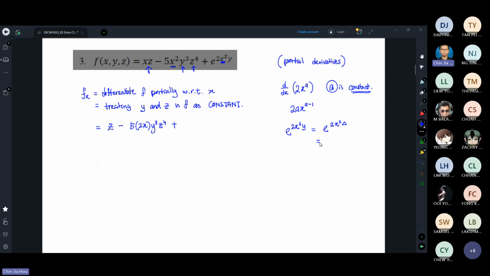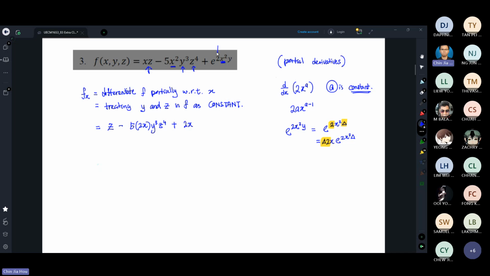So we will get 2x e to the 2x squared triangle, and then the triangle also needs to be brought down. I missed that part. In this case, the 2 and the triangle, they are both constants, a number. That's why we treat them as numbers and we bring them down. So in this case, we have to take this 2x, which we get from differentiating this.